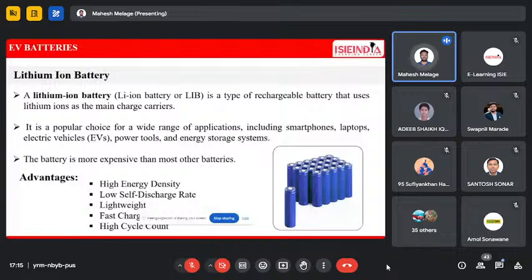The advantages of this battery are high efficiency, high energy density, light weight, high discharge current capacity, and high cycle count. The lithium ion battery goes to approximately 1000 to 3000 cycles. A cycle means once you discharge and then charge; charge and discharge both combined is one cycle.